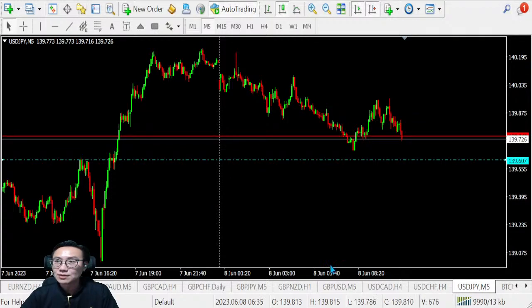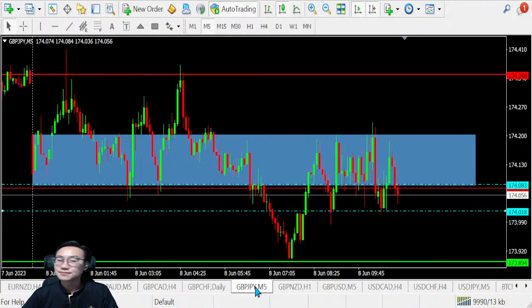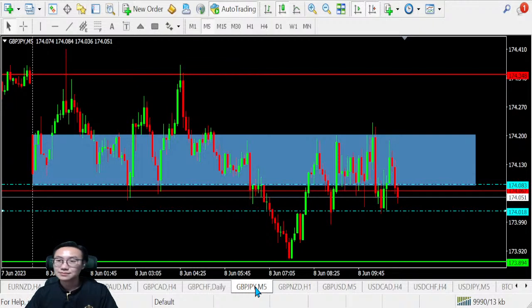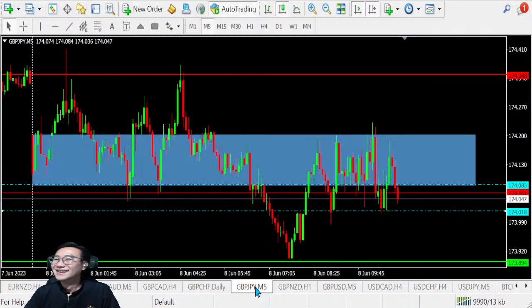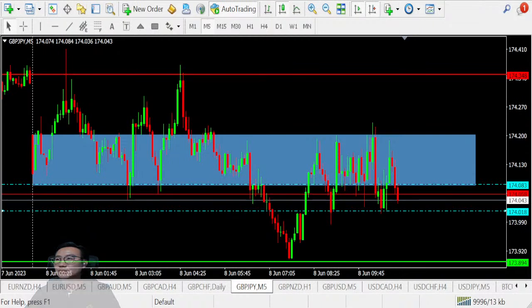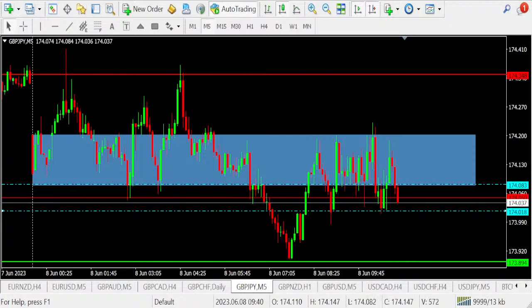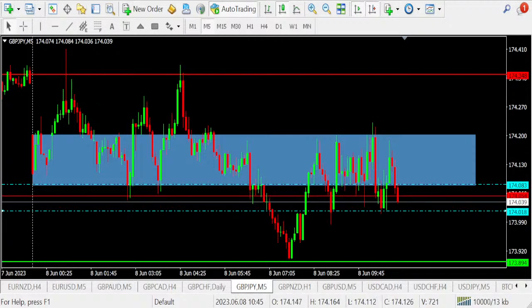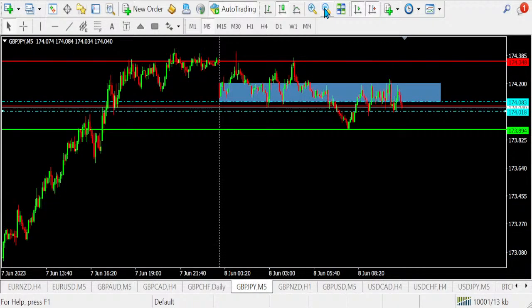Pound yen. Let's take a look at pound yen. Here there's a support.